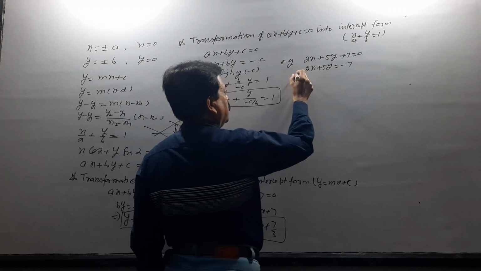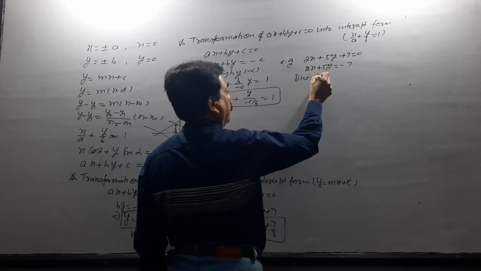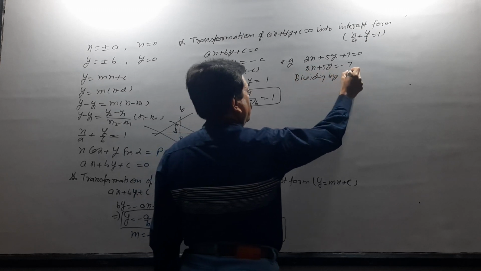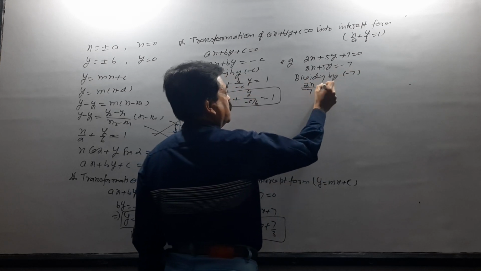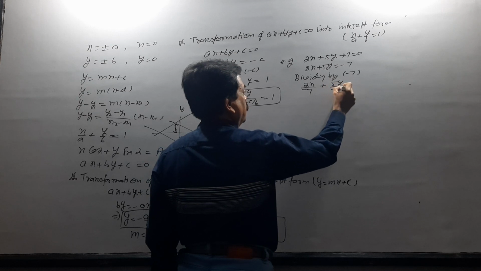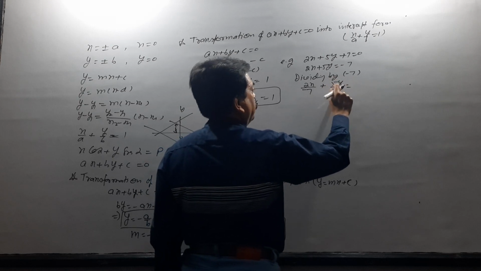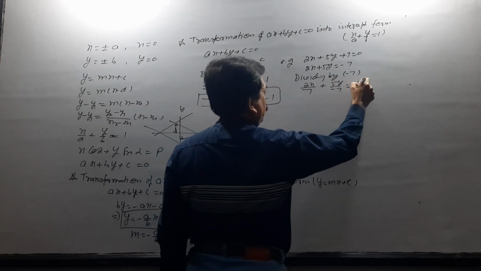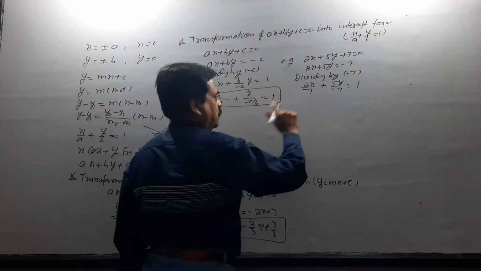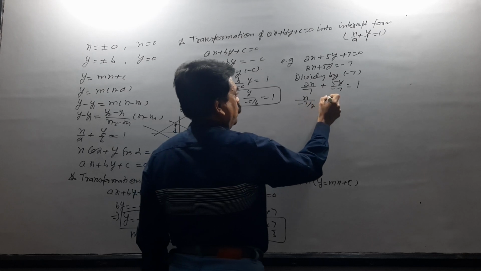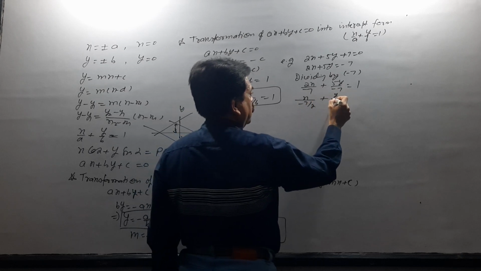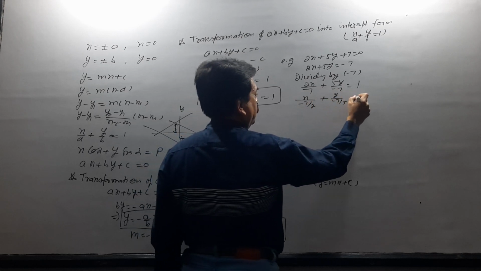So dividing by minus 7, 2x upon minus 7, 5y upon minus 7 equals to 1. Minus 7 upon minus 7 is 1. x upon minus 7 upon 2 plus y upon minus 7 upon 5 equals to 1.